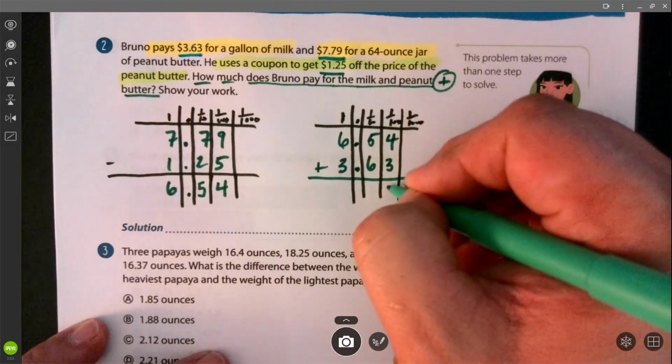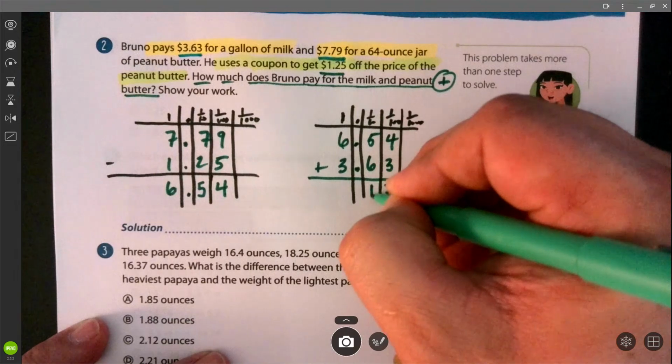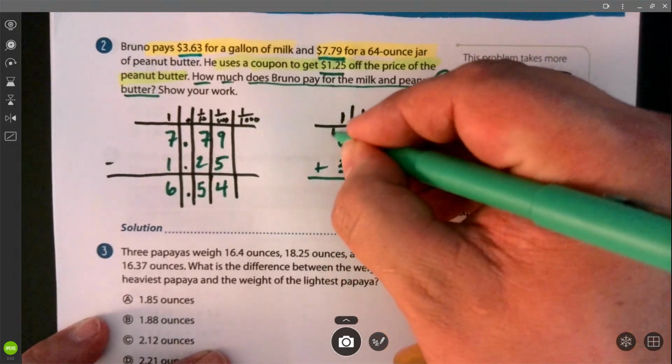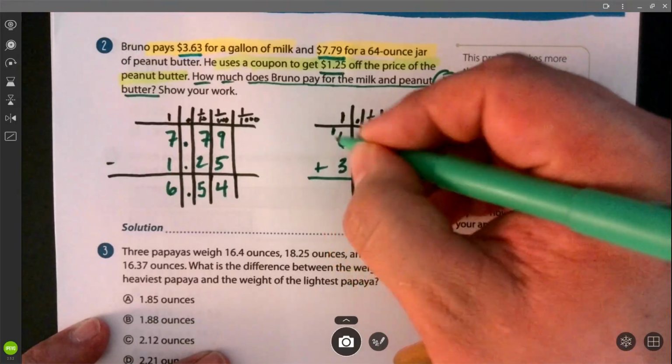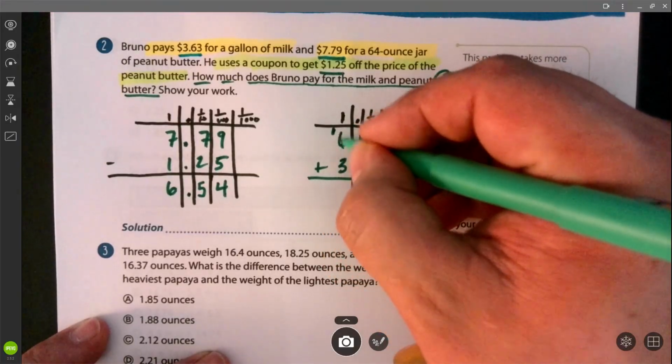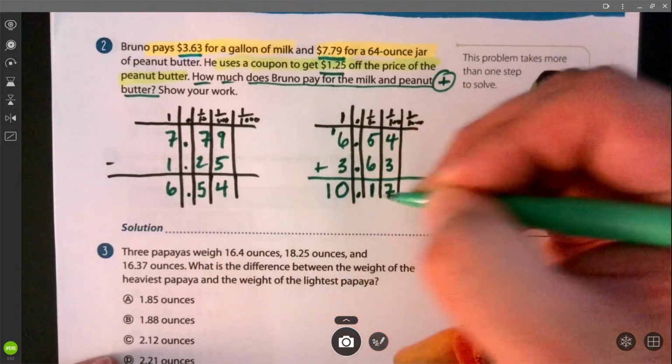Let's see what we got. 4 hundredths plus 3 hundredths is 7. 5 tenths plus 6 tenths is 11 tenths. I've got to regroup that. 6 plus 3 is 9, plus 1 is 10. So it goes 6, 7, 8, 9, and then 1 is 10. So there we go.